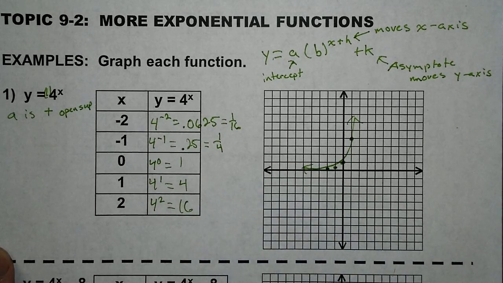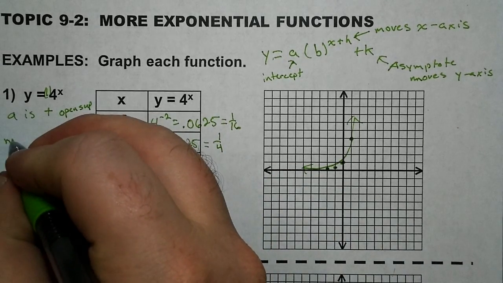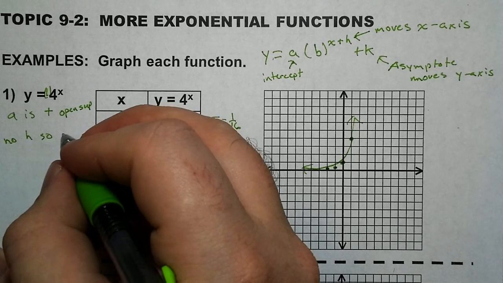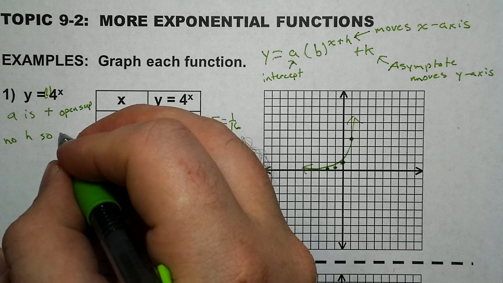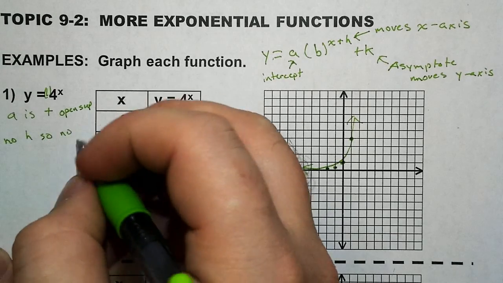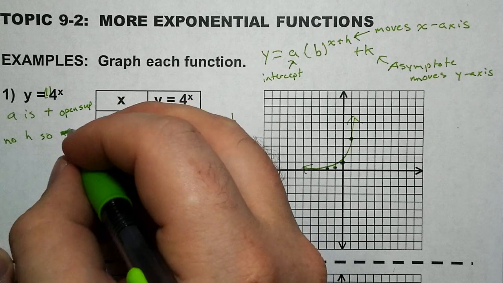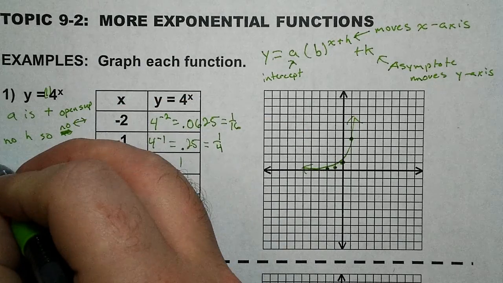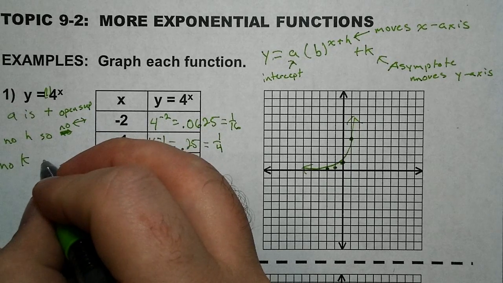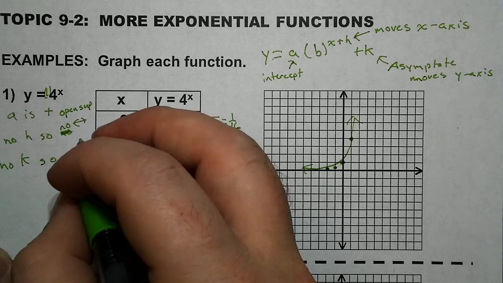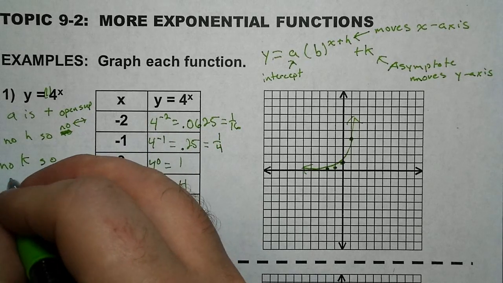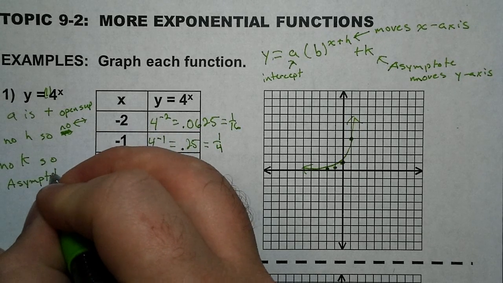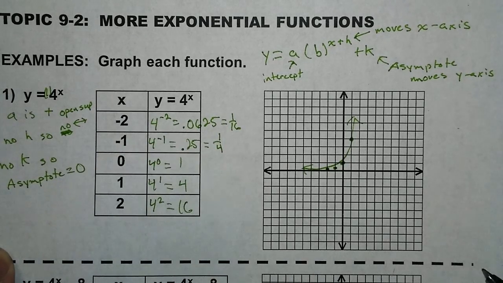Now we look at, there's no h, so it doesn't go left to right. And there is no k, so that means the asymptote is just at 0.